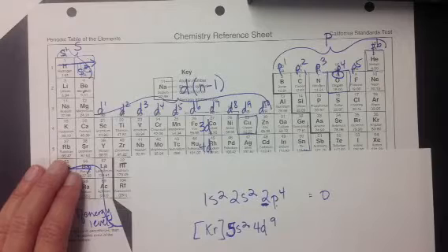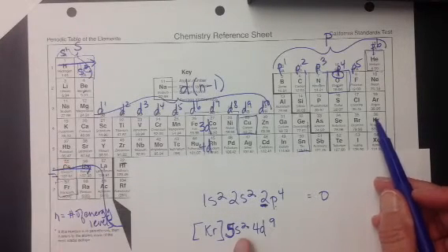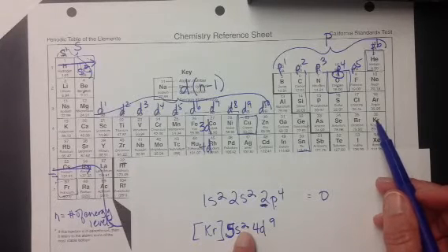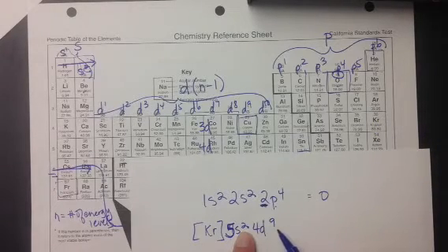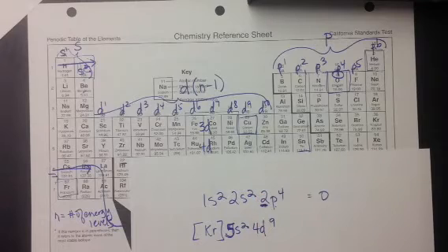Okay, so again, you could add up the number of electrons. Krypton has 36, plus 2 would give you 38, plus 9 would give you 47. Did I add that right? Yeah, 47. And so the element that has 47 electrons is Ag, silver. Okay, that's one way of doing it.